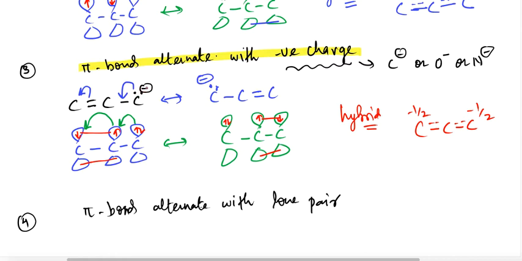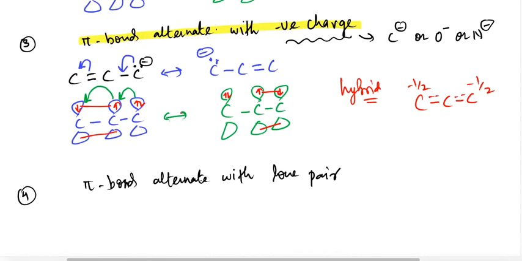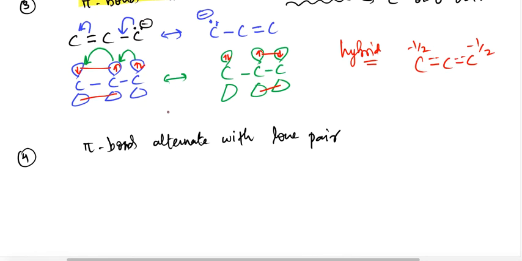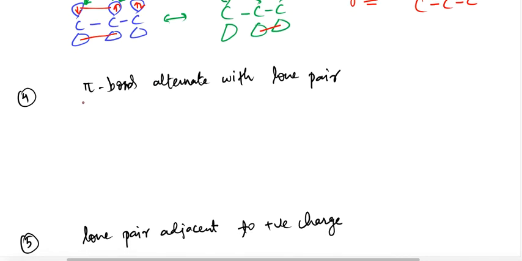So even if negative charge is not present but the lone pair is there, then resonance will take place. For example, now I'm talking about this. If you have C double bond C, and suppose you have OH, right? So here oxygen has a lone pair, so you have a pi bond alternate with a lone pair.